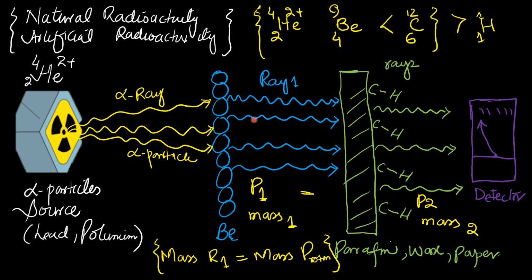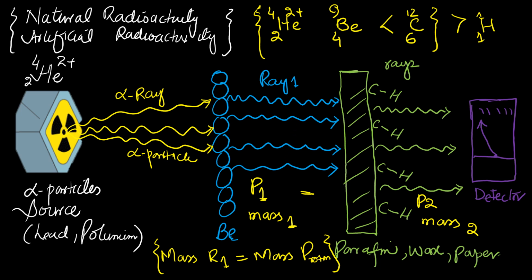It is a particle known as the neutron, which has zero charge. So with these experimental setups, James Chadwick confirmed that there is a third particle in an atom, and that third particle is known as the neutron.